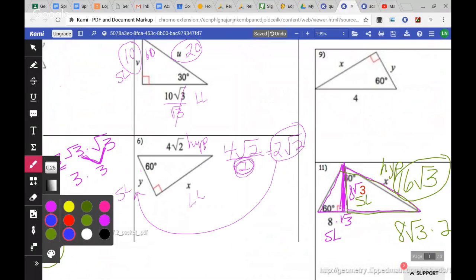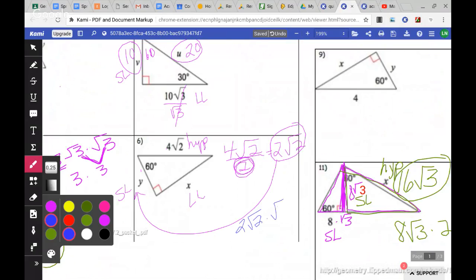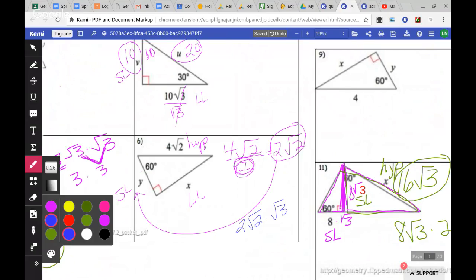That's what you use the magic numbers to get or to change. So then for the long leg, use the short leg. And what are you going to do to it to get the long leg? You're going to do 2 root 2 times root 3. Yes. Which is going to be weird because you can't bring any of them out. So I'm confused. They stay home. So what do you do? 2 root 3 times 2.